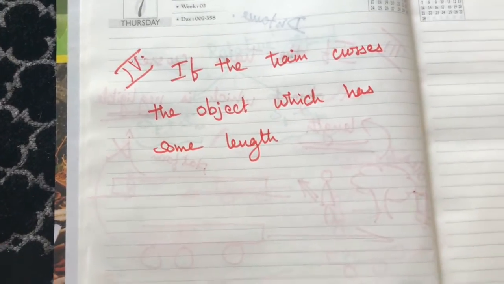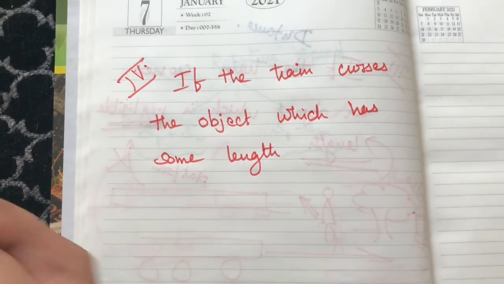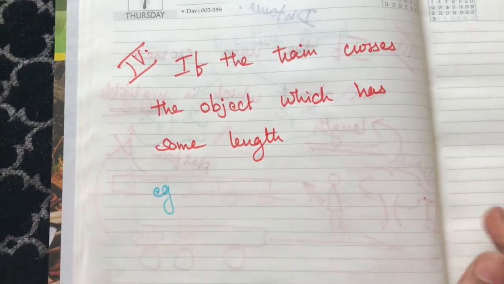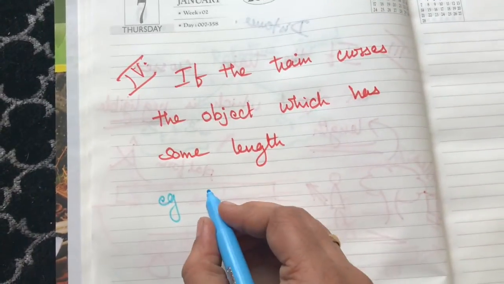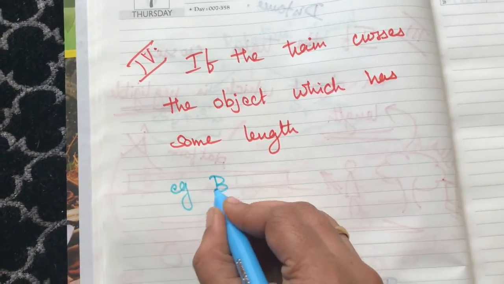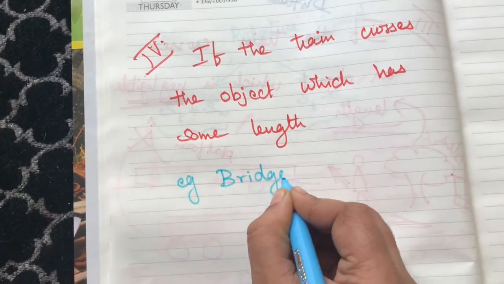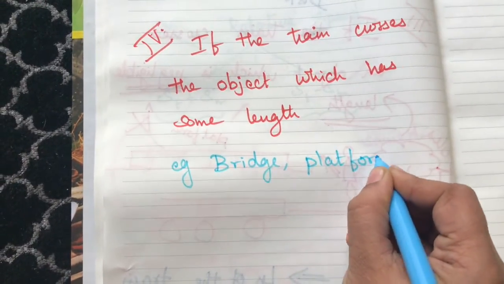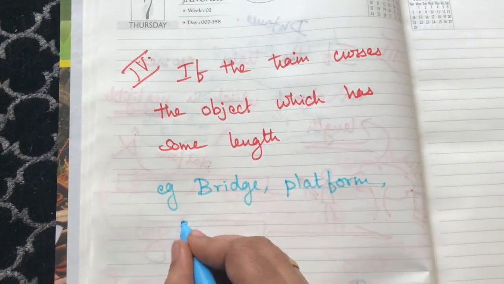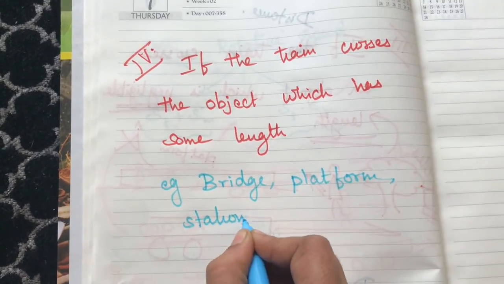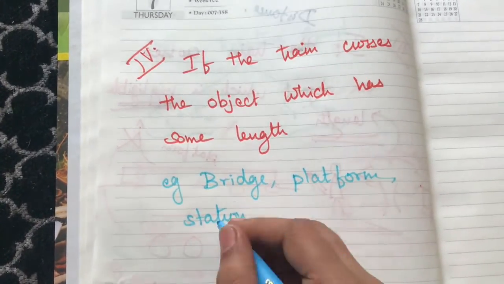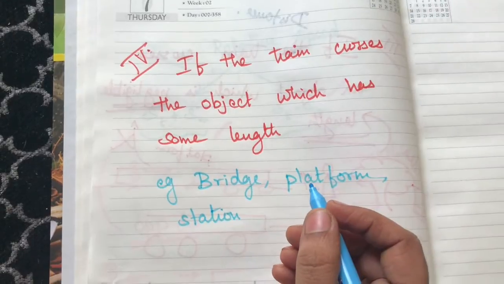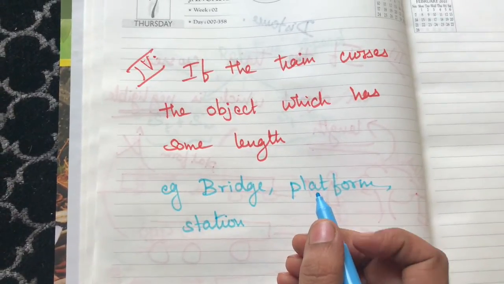For example, what would it be? I can easily say a bridge, right? Platform, yes. And then a station, yes, obviously. What else would be?